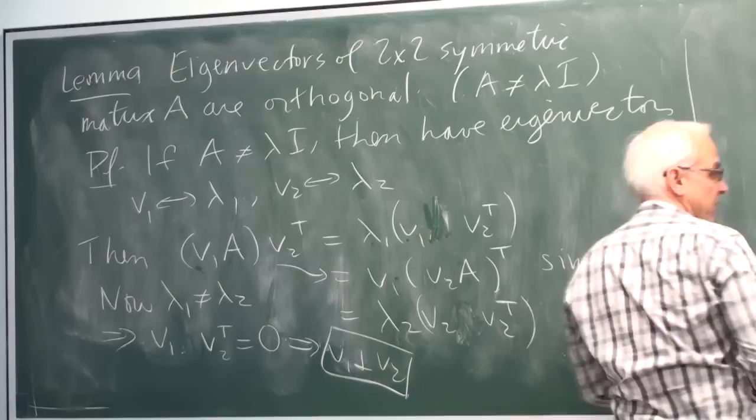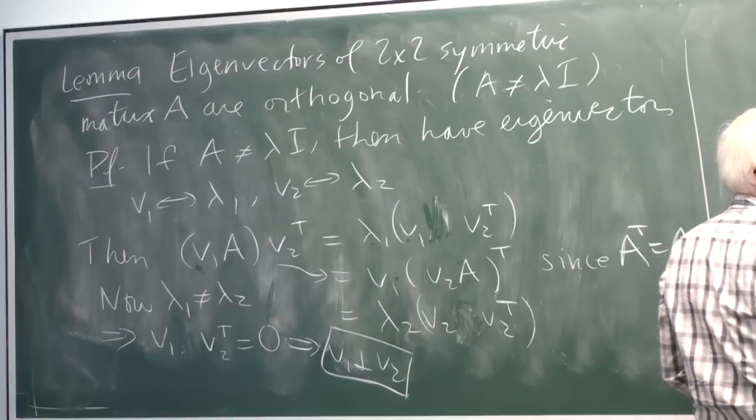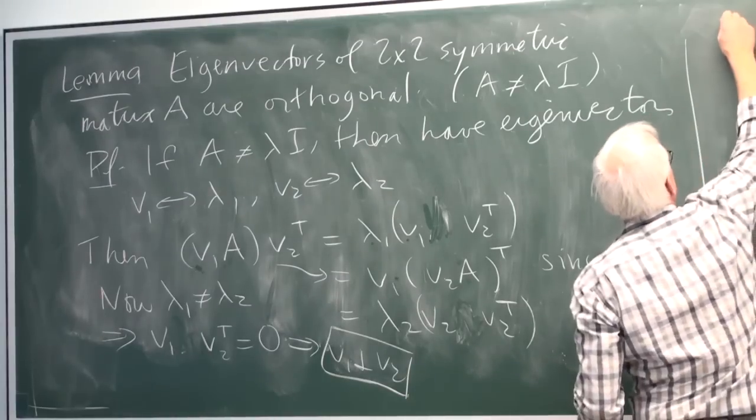And I guess the final thing that I should mention about this idea of changing basis is that when we change basis, when we perform this orthogonal change of coordinates, the characteristic polynomial does not change.